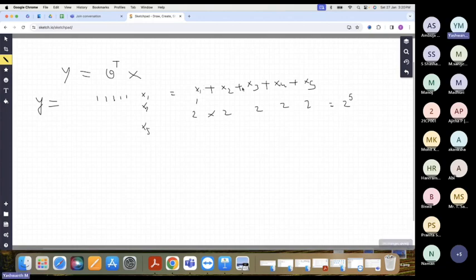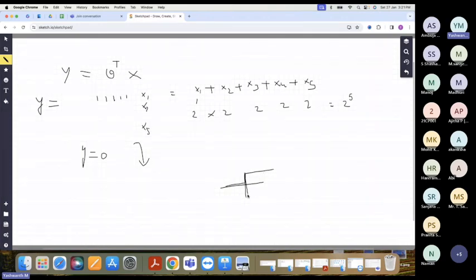The only place where you get y to be 0 is when all of these are zeros; in all other places you get an output of one. You declare an output of one if the sum is greater than zero, that is, theta transpose x is greater than zero. Otherwise it is zero or minus. So the total number of possible inputs is 2 power 5 minus 1, that is 31.